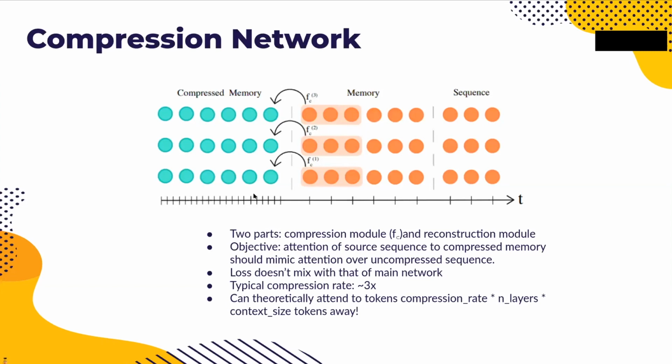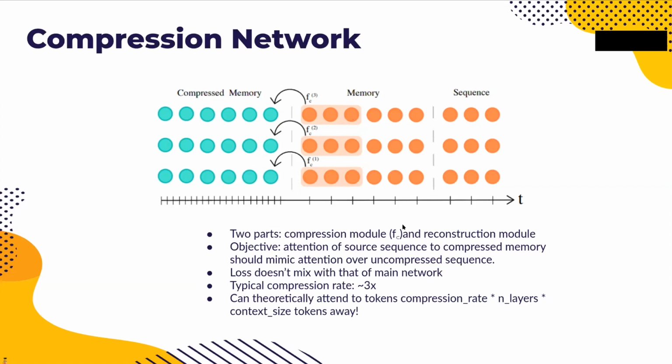The key contribution to this paper is actually this compression network. This compression network is a tiny little MLP that takes a few memory states and compresses them into a single compressed memory state. So it has two parts. The first is this compression module, which is this tiny little MLP. They tried some baselines like mean pooling and max pooling, the most commonly used approaches for memory states, for instance.